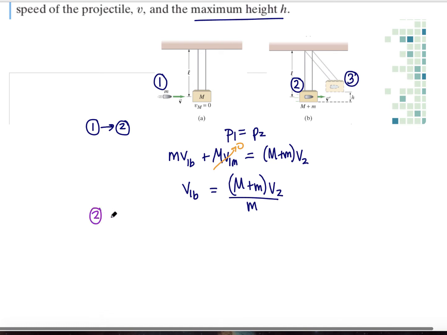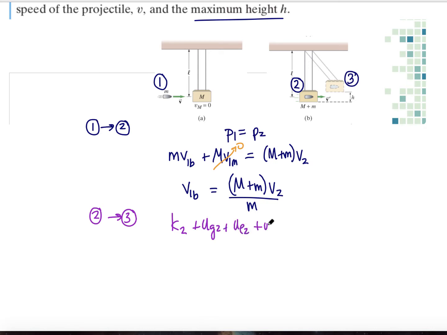From 2 to 3, we have a conservation of energy problem, just like conservation of energy problems from the previous unit. So let's write our whole conservation of energy statement. Going from 2 to 3, we have K2 plus UG2 plus UE2 plus work equals K3 plus UG3 plus UE3.